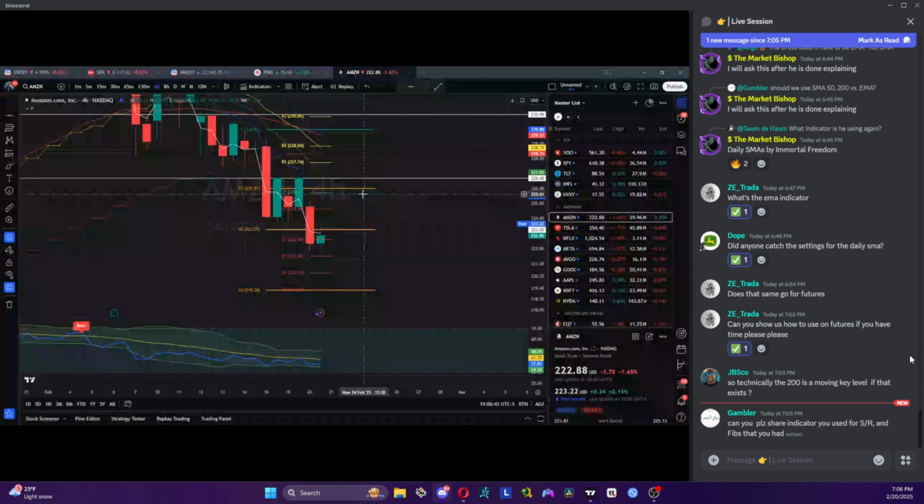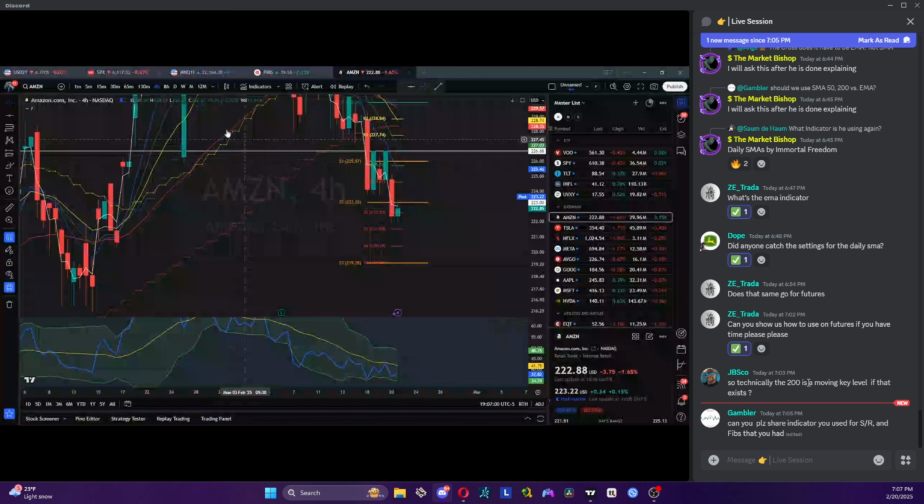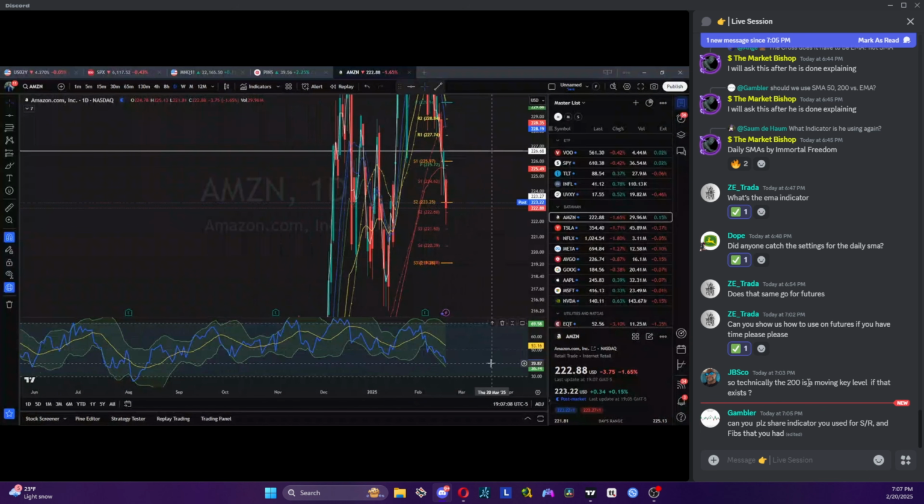And sure, maybe there's a possibility of a bounce somewhere, but look at the daily. Look at this daily RSI. It's still pushing down. Look at the MACD. Look at that histogram.